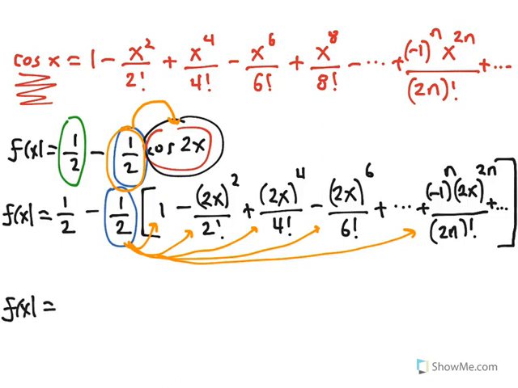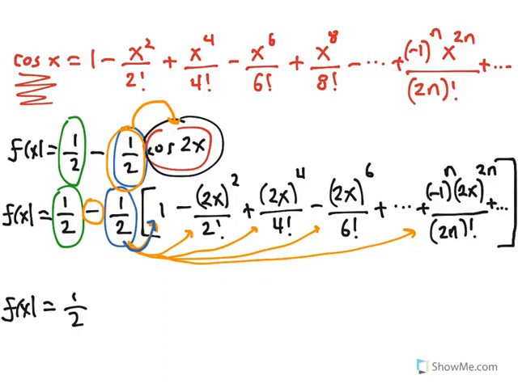You have f of x is equal to this 1/2, which is by itself, and then you're going to distribute the 1/2 that's multiplying cosine of 2x to the power series for cosine of 2x. So 1/2 times 1 is 1/2. So you have minus. Don't forget, it's actually minus 1/2.